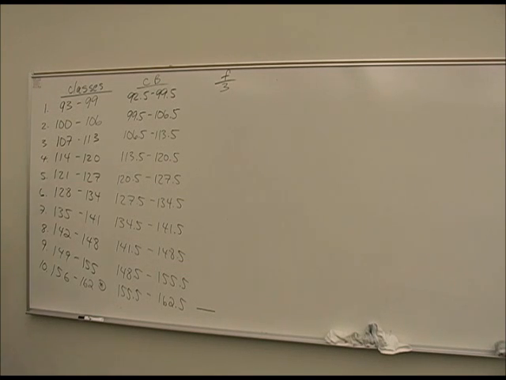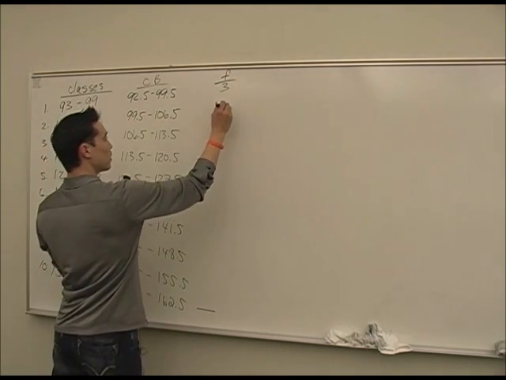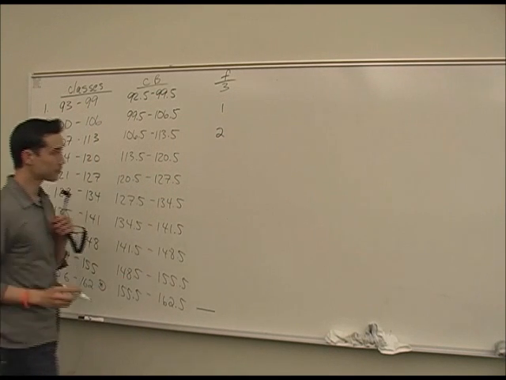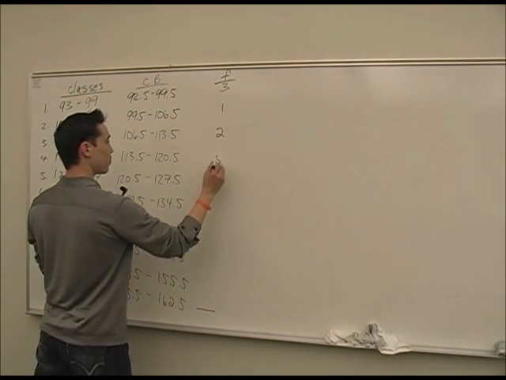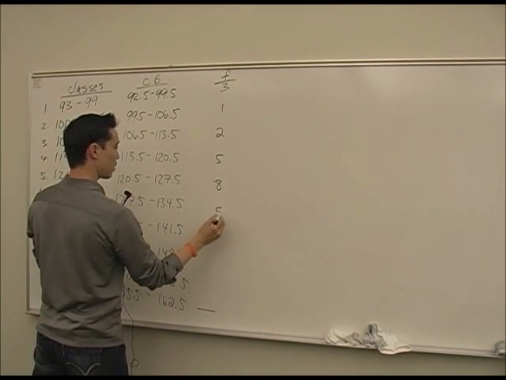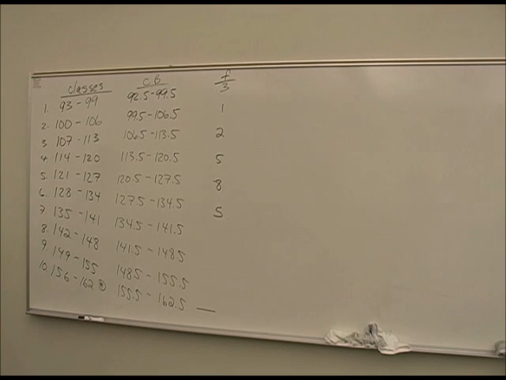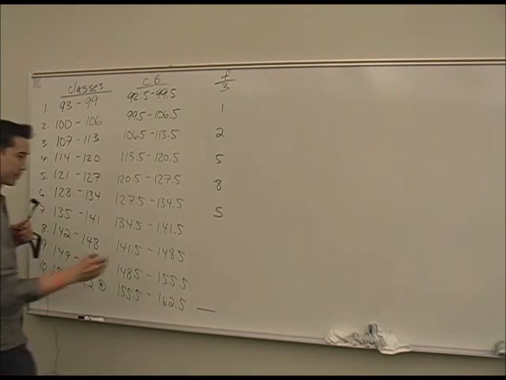I got 3 for the first one, 1 for the next one, 2 for the next one. Then 5, 8, 5. Then 5, 4, 1, 1.